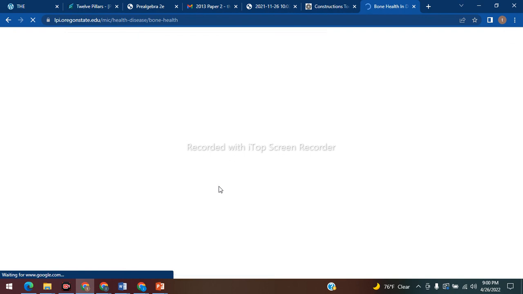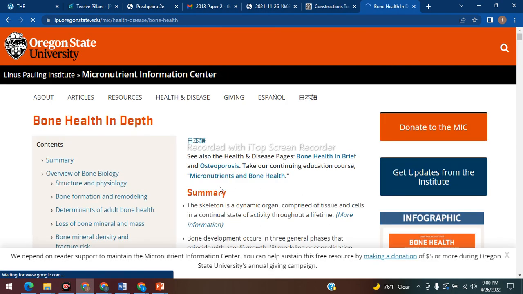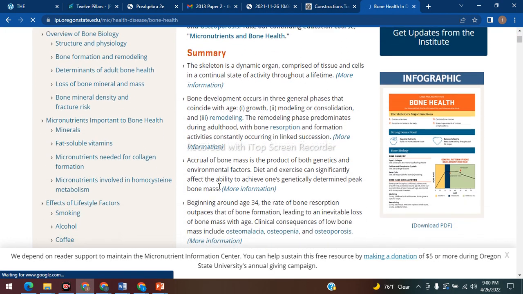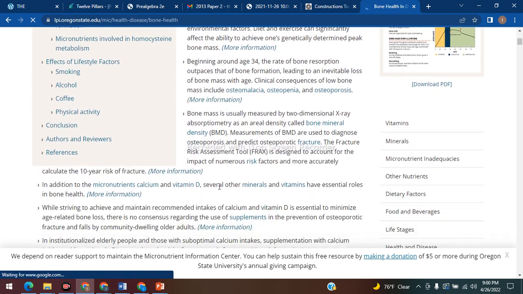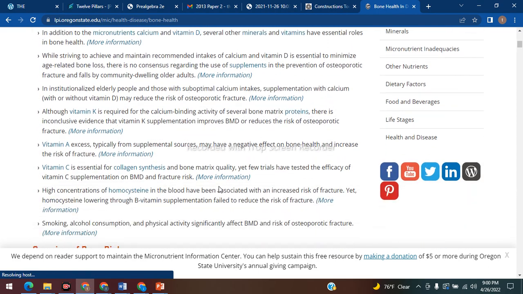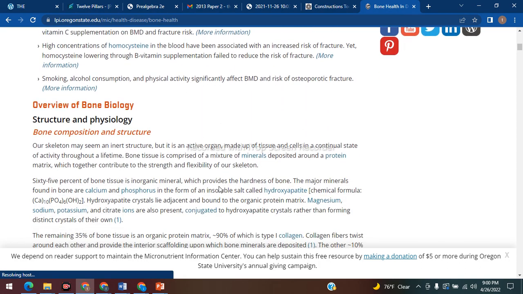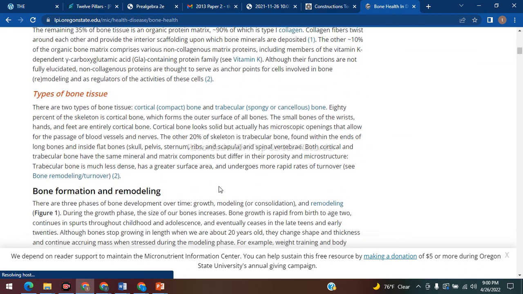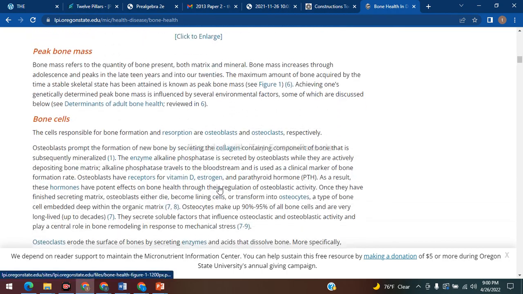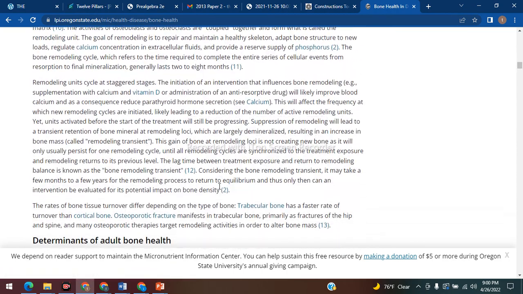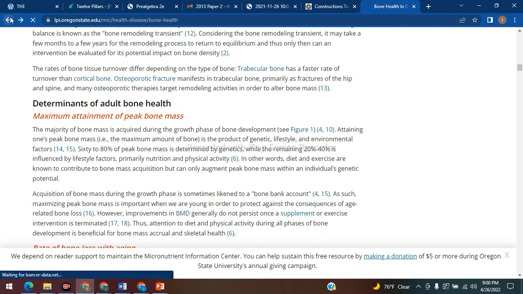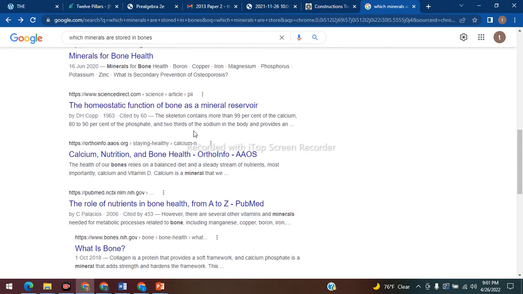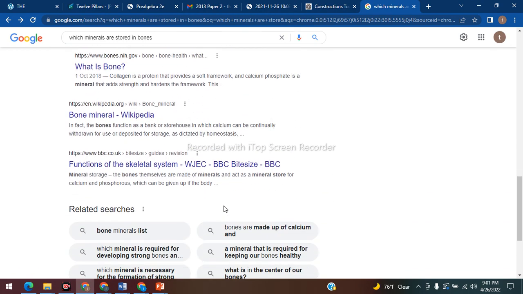And I guess phosphorus should be one because your bone is made up of phosphorus too. I just wanted to know the minerals, but anyway, that's fine. We know at least one, which is calcium.